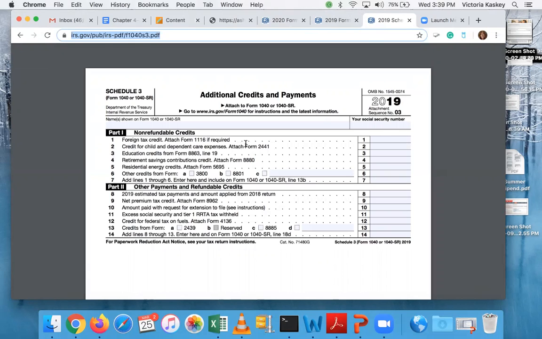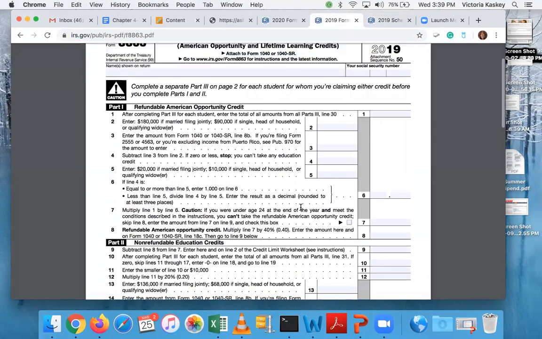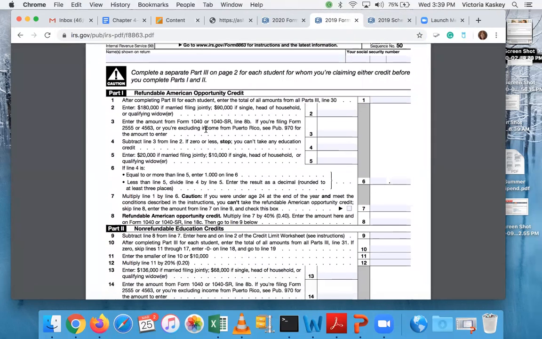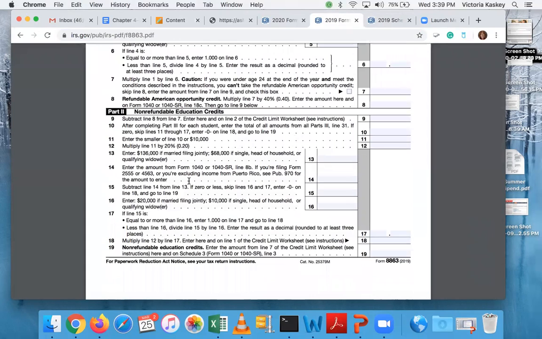We're following down Schedule 3. We just covered credit for child and dependent care expenses on line 2, and now we're on line 3. So the first part of this form is for the refundable part of the American Opportunity Credit. Part 2 is for the non-refundable education credits.